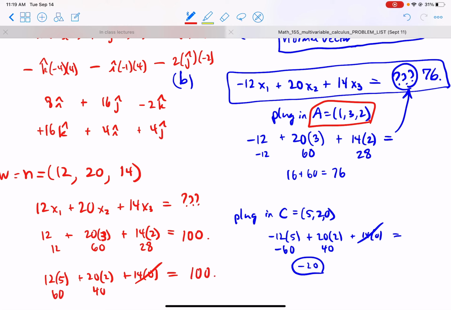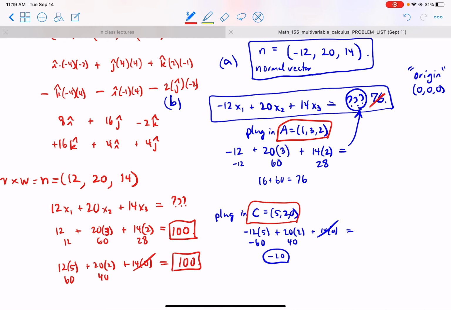So this is starting to look good. I get the same number when I plug in the point A and the point C, which both should be on my plane. And so we see that that was wrong, and it should be this thing equals 100.